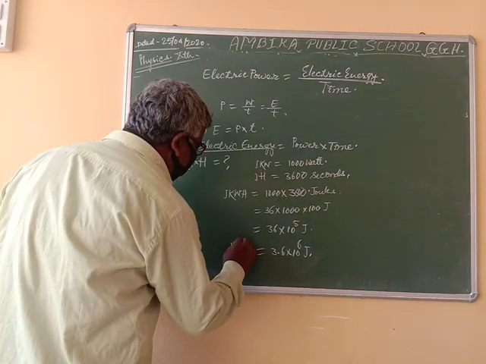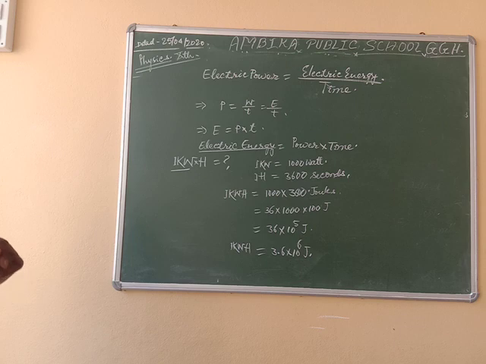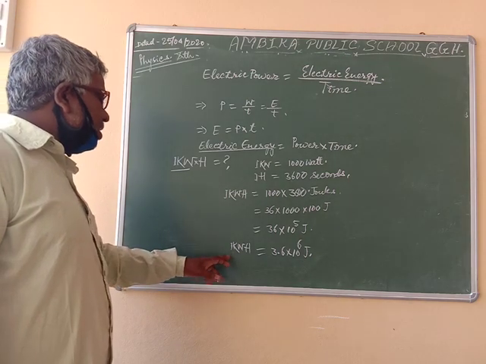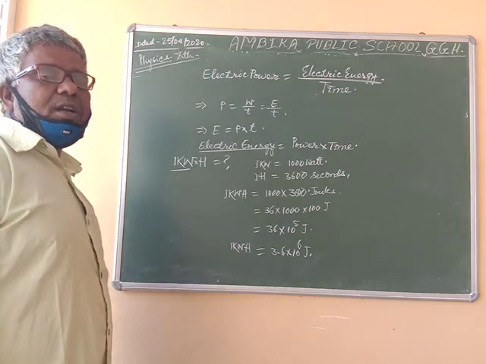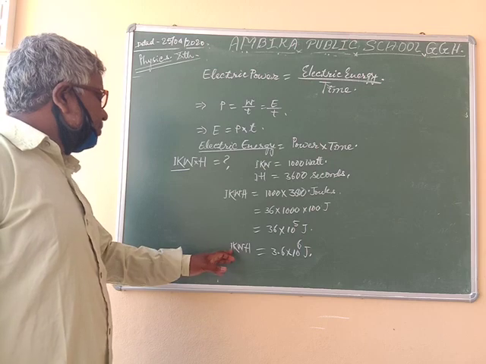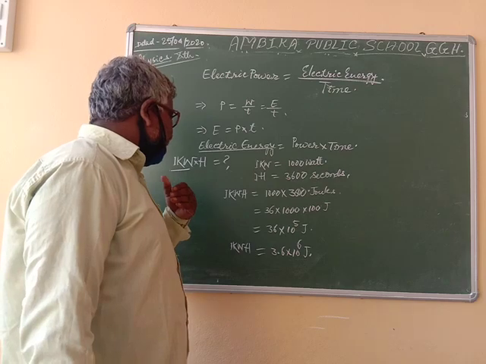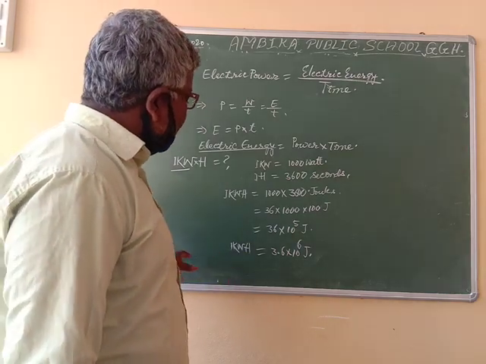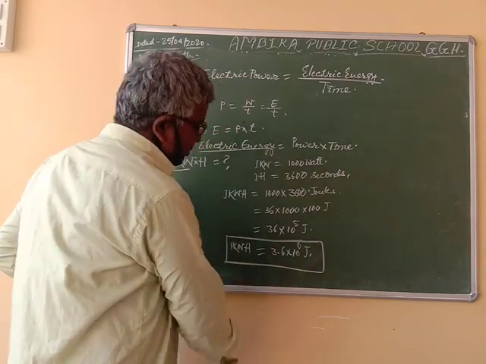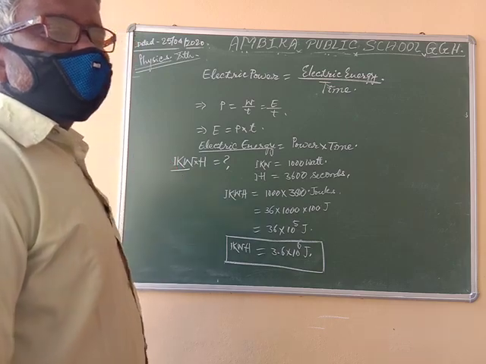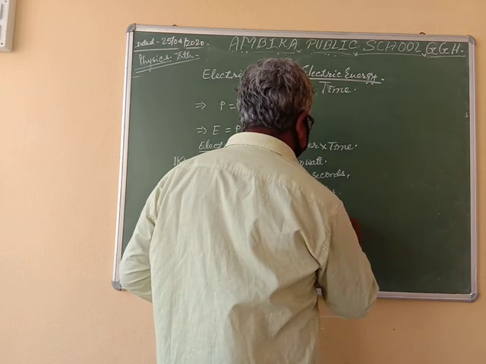1 kilowatt hour means that when an appliance rated 1000 watt consumes electric energy in any circuit for 1 hour, then it will be 1 unit. This is the commercial unit of electrical energy.